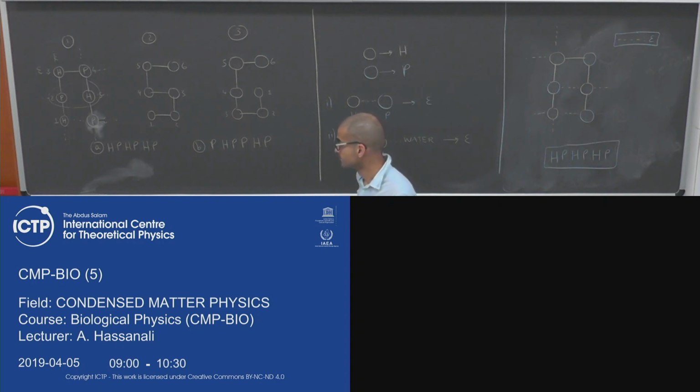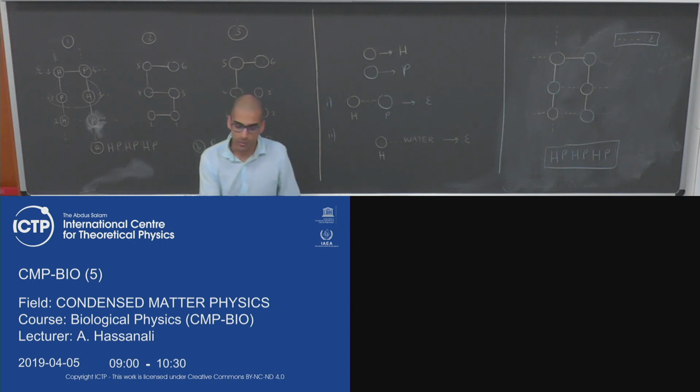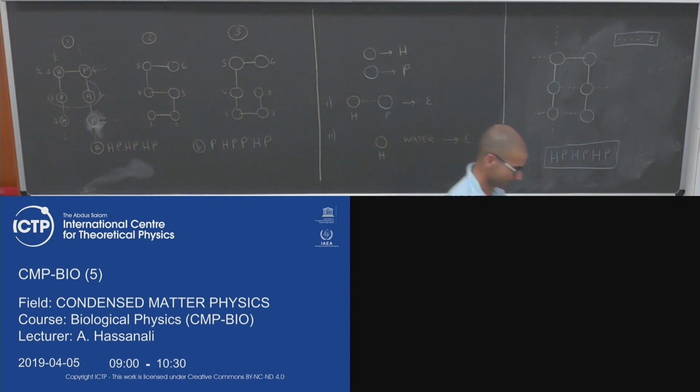So you should be able to use these types of simple models to predict something like the partition function, the probability of one state versus another, the heat capacity. Okay? Questions before we end for today?